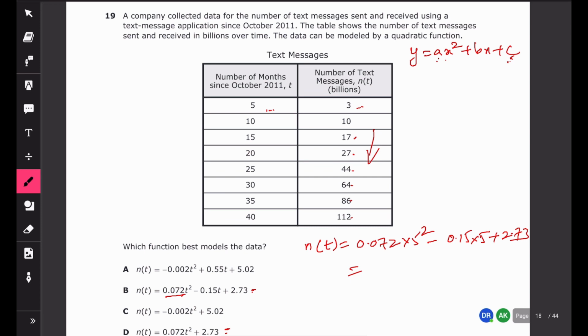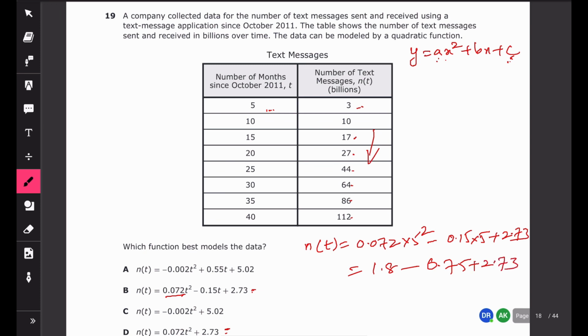So what are we getting over here? We'll check it from the calculator. Here you can see that 0.072 into 25 is equal to 1.8, minus 0.15 into 5, which is 0.75, plus 2.73.